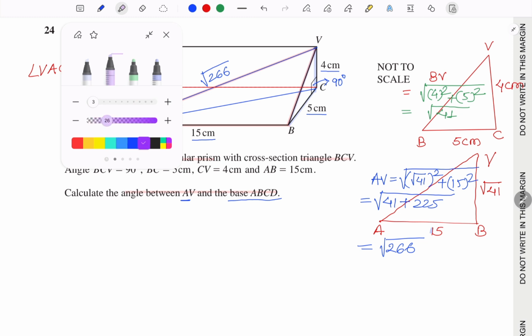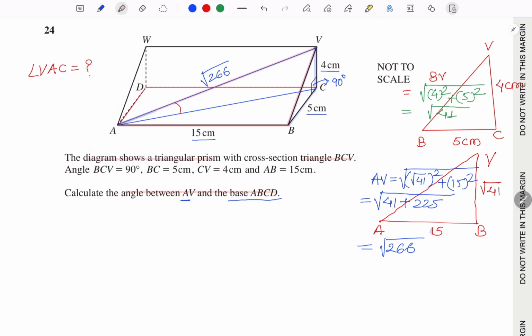Let me change the color. VCA, V, C, and A. Okay. In this triangle, we need to find this angle. Okay. This will be our answer. Let's call this theta.